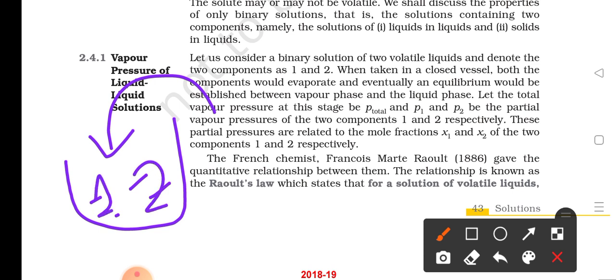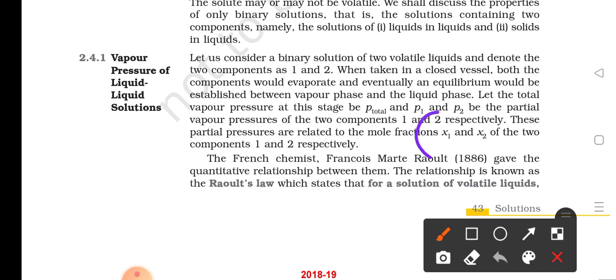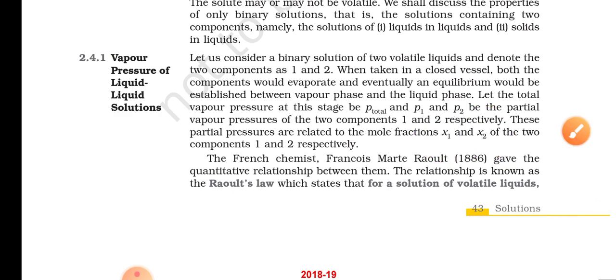Here they told that the total pressure of this solution is P total. For liquid number 1 the pressure is P1, and for liquid number 2 the pressure is P2. For liquid number 1 the mole fraction is x1, and for liquid number 2 the mole fraction is x2. Remember that.